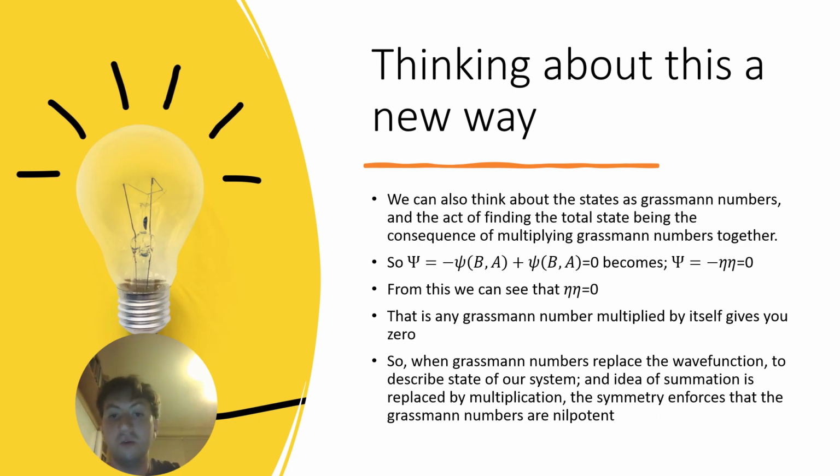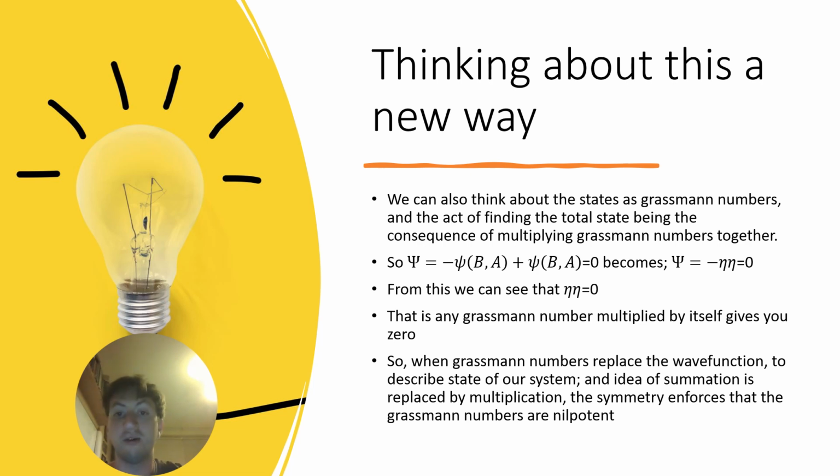And so we can generalize this and say that a Grassmann number raised to any integer power bigger than 1 must be 0, because, for example, eta cubed would be just eta times eta times eta. But since eta squared is 0, eta cubed would be 0 times eta, which would be 0. So Grassmann numbers are nilpotent. If we raise one to an integer power bigger than 1, we get 0.